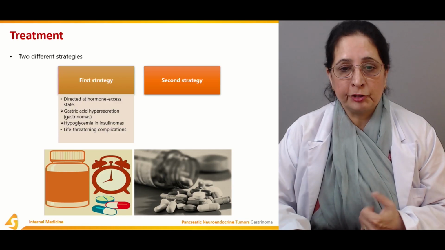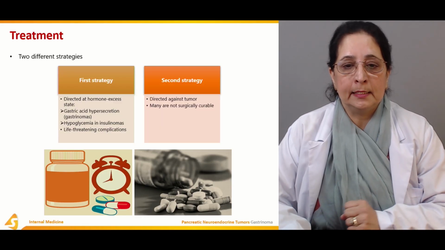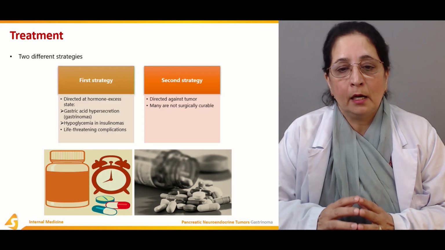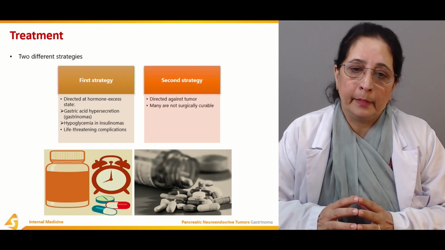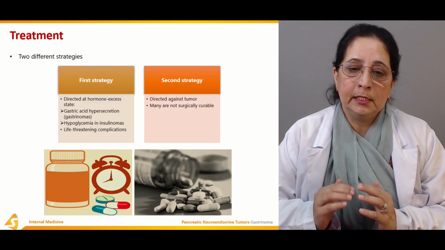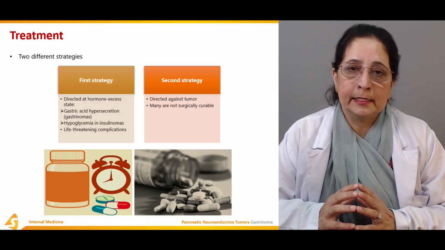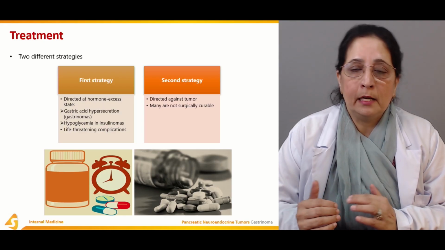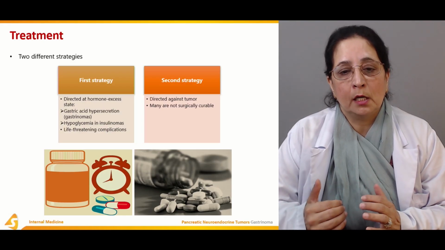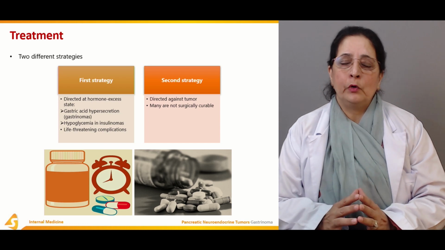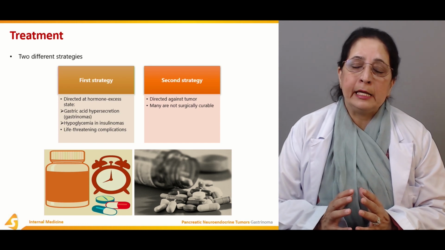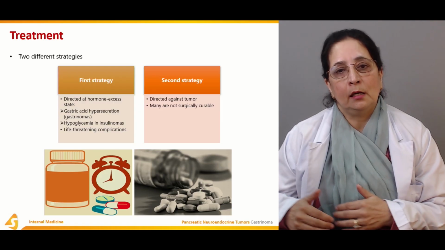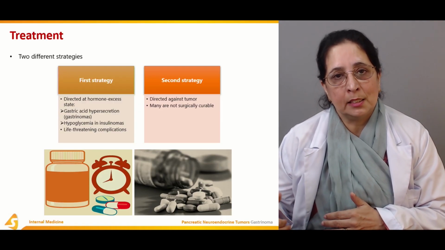The second strategy for the treatment is directed against the tumor, as many are not surgically curable. So the second strategy is directed against the tumor, not the hormone excess, and most of these tumors are not surgically curable. Most pancreatic tumors, at diagnosis, are already at an advanced stage.